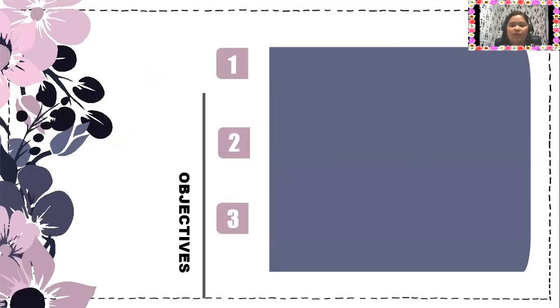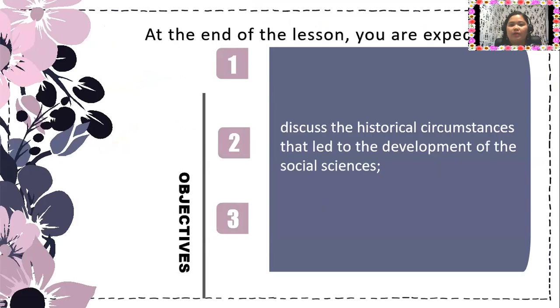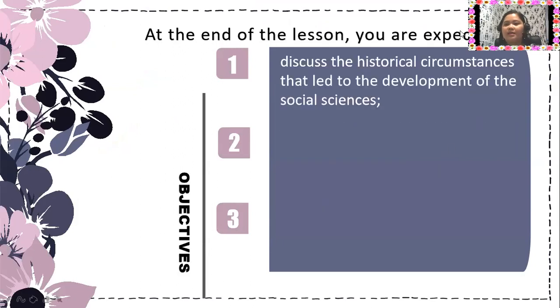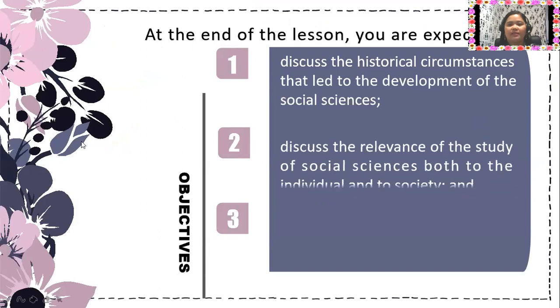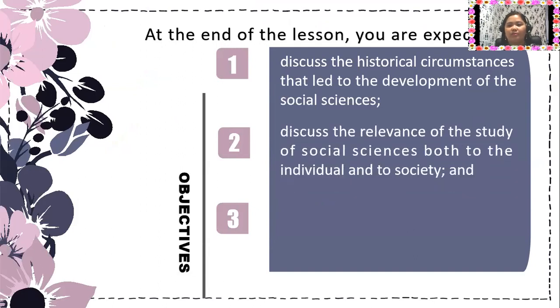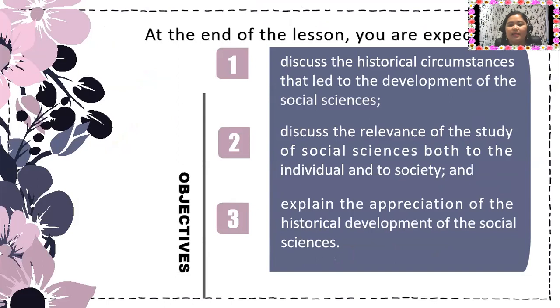We will discuss the historical circumstances that led to the development of social sciences, the relevance of the study of social sciences both to the individual and to society, and explain the appreciation of the historical development of the social sciences.